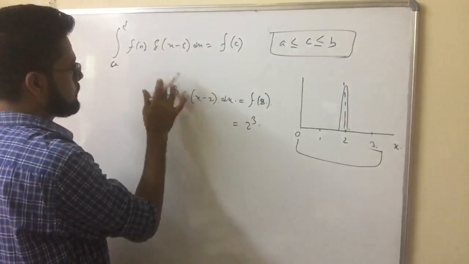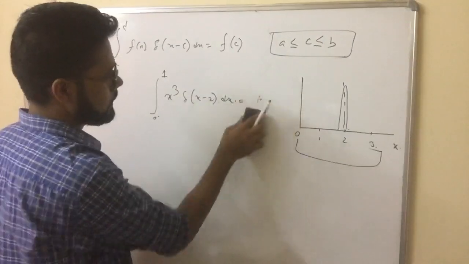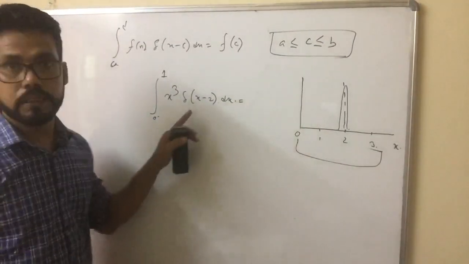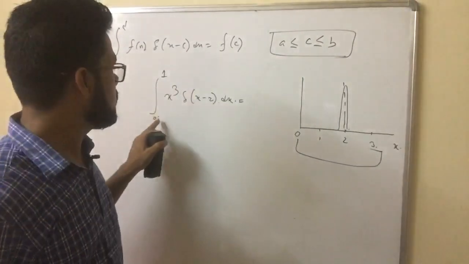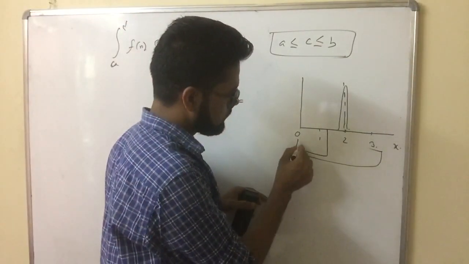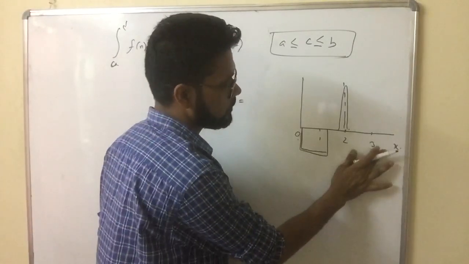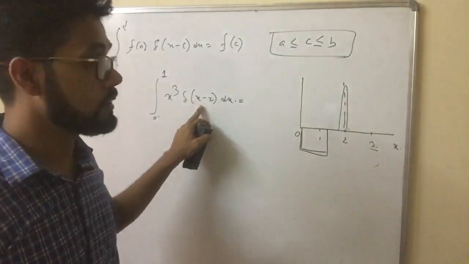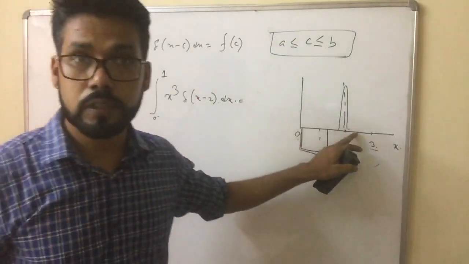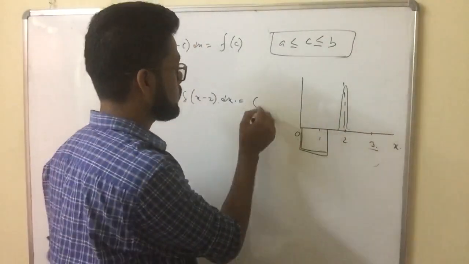But I am giving an example where I change the limit to 1. Then what happened? You see, the limiting condition is not satisfied. We are going to calculate the integral over the range 0 to 1, but the delta function is located at x equal to 2. This limiting range does not cover the delta function, so it will become 0.